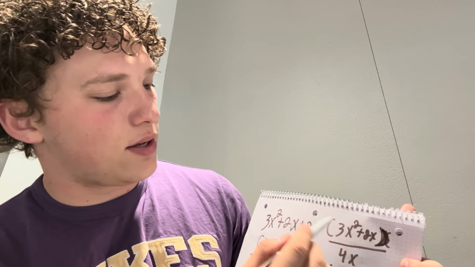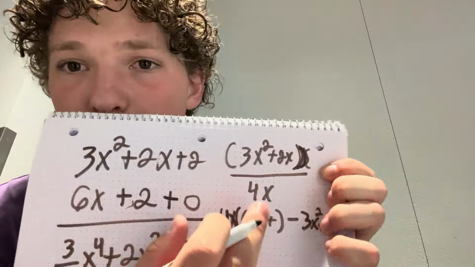2 times 3 is 6, 6x. Plus 2, because we're missing that 2. Low D high minus high D low. The high is 3x squared plus 2x, times D low. The bottom is 4x, so 4 times the derivative of the low. Now, I know it's a little messy, but we can FOIL it out. 4x times 6x is 24x squared plus 4 times 2 is 8x.